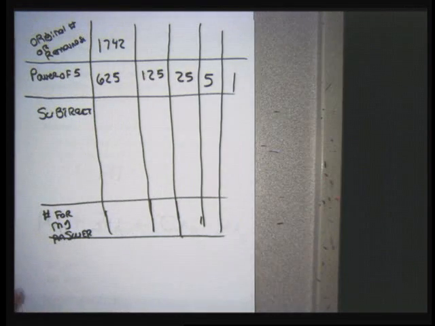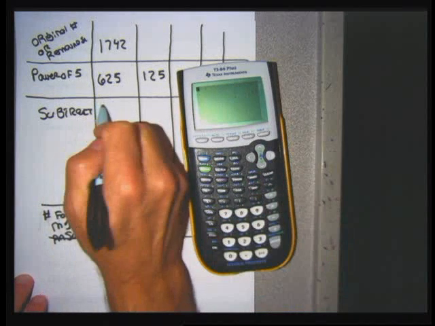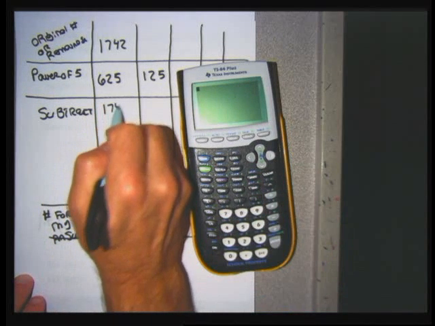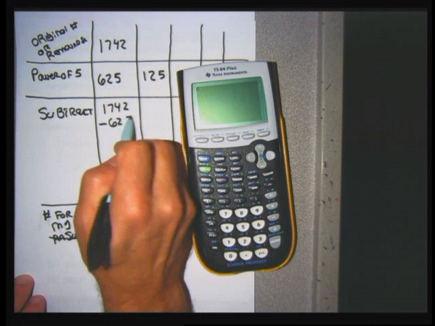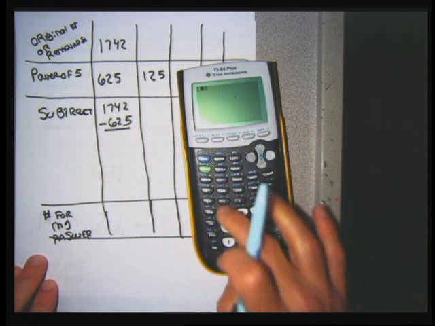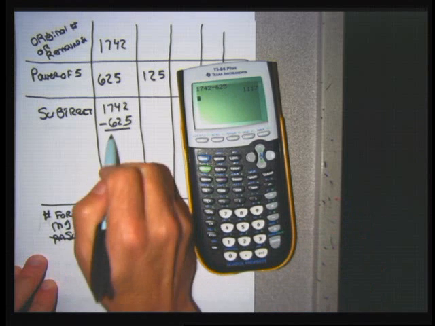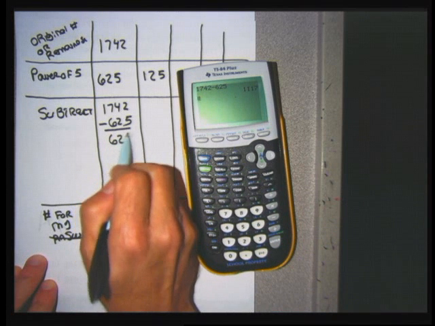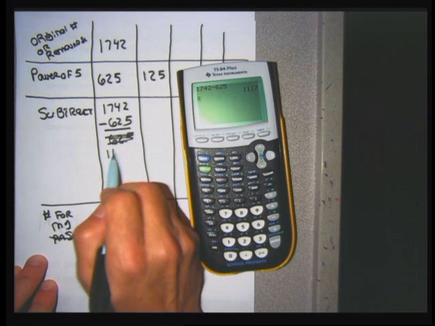Almost done. Now it's just subtracting. So first thing I'm going to do is take the number at the top of the column and start subtracting the power of 5 until I get less than that power of 5. So I'm going to subtract 1742 minus 625 one time until I get a number less than 625.